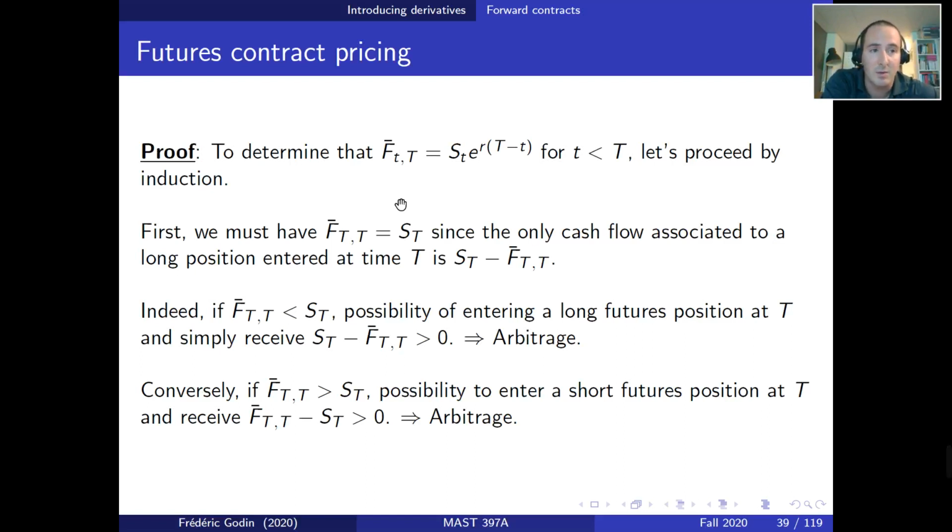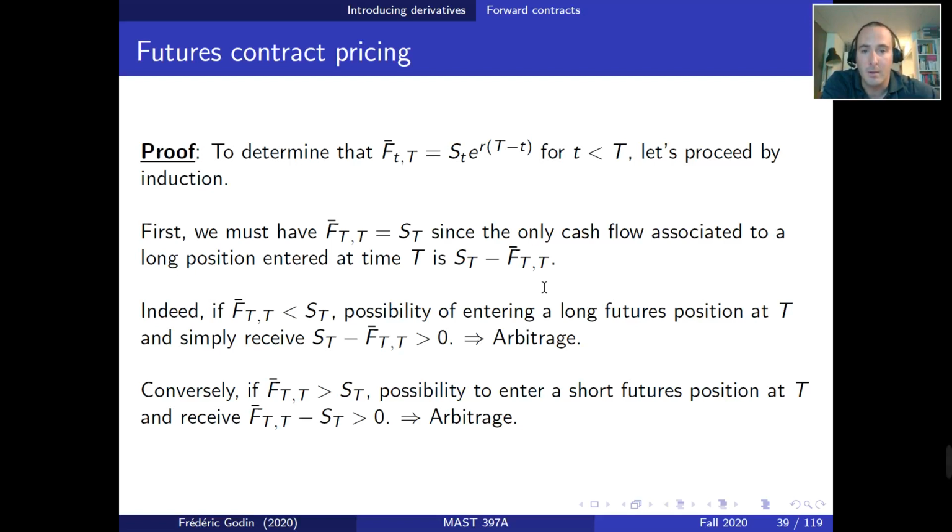This is the only cash flow at maturity. So the only cash flow is S capital T minus the futures price. You pay F bar capital T and you receive S capital T.